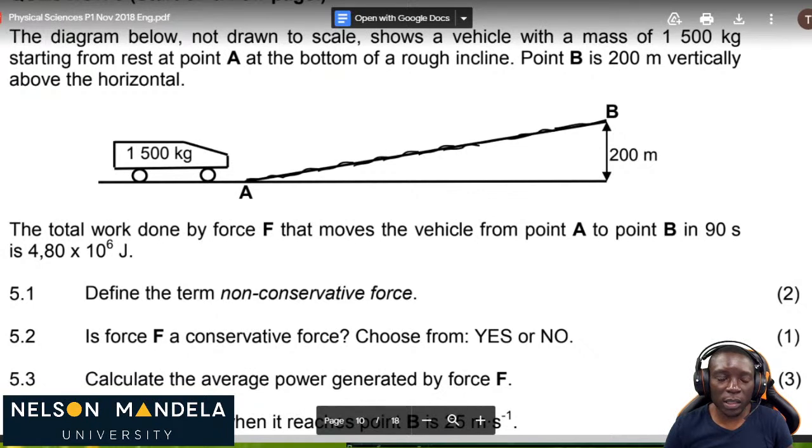As the object is lifted upwards, the upward direction is the positive one, so the angle between gravity and the displacement is 180 degrees. Then this is equal to half times 1,500 times 25 squared minus 0 squared.